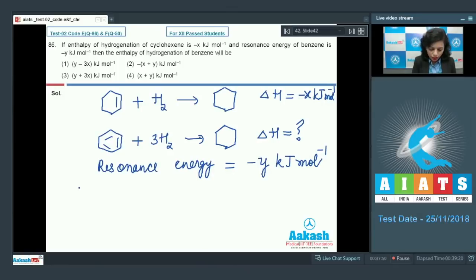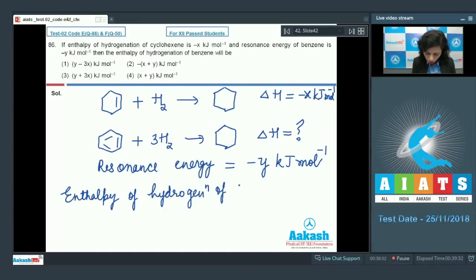Now we can find out the enthalpy of hydrogenation of benzene by 3 into enthalpy of hydrogenation of cyclohexene, because in this case one bond is hydrogenated while here there are 3 bonds, so that's why it is 3 into minus X, minus the resonance energy that is used for stabilization.